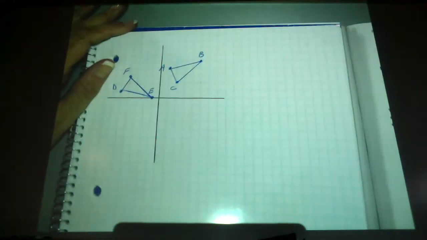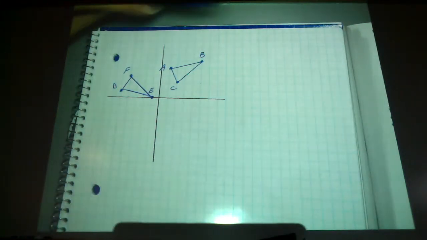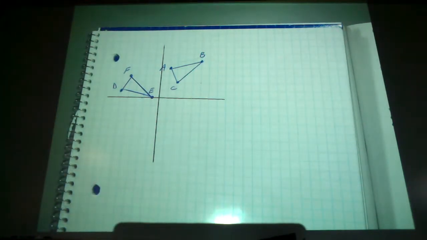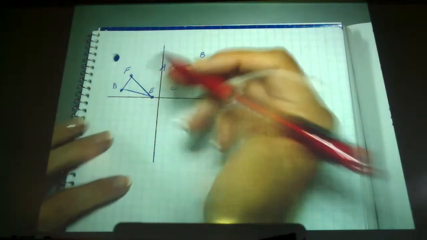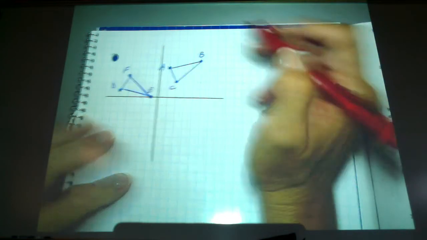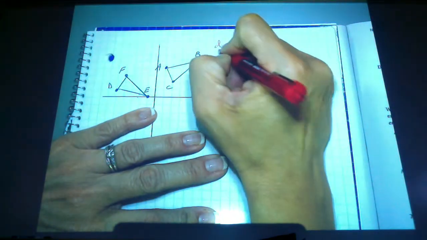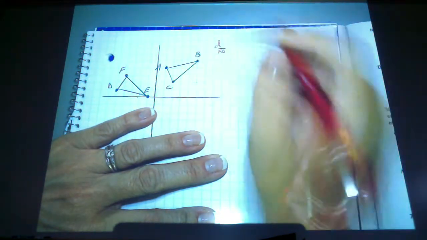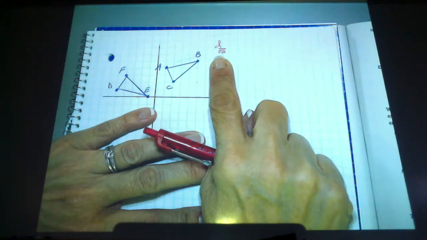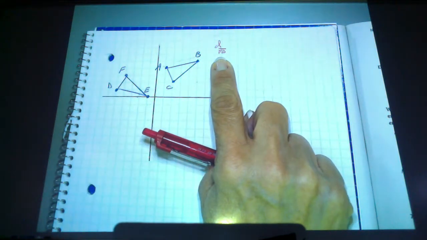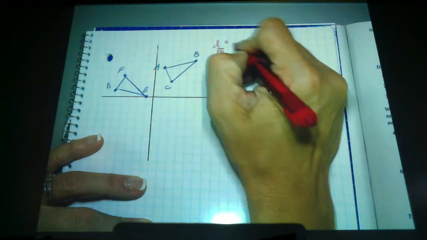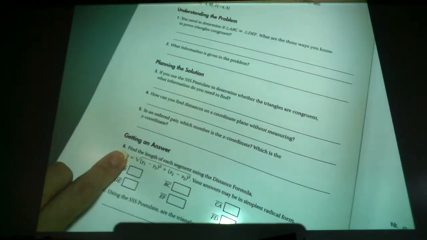So from right here, we're going to do the distance formula. I'm going to start with the sides that I think are congruent, FD and AC. I'm going to find the distance from F to D, and I'll subscript it as the distance sub FD so that I can remember what I'm finding the distance of. The distance formula, if you forget, is listed all the way down here, but you're supposed to know that by now.